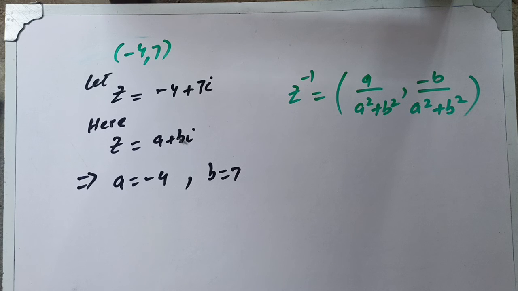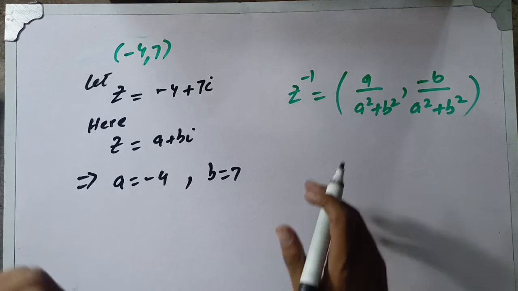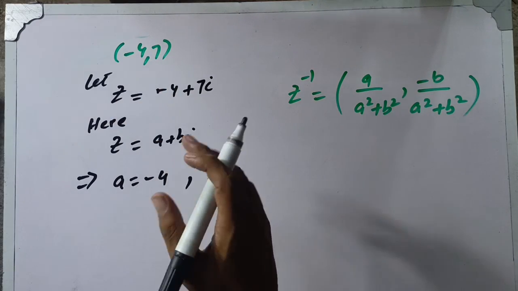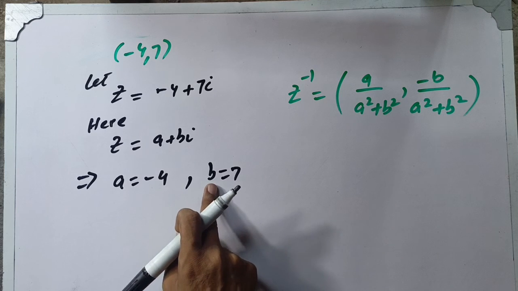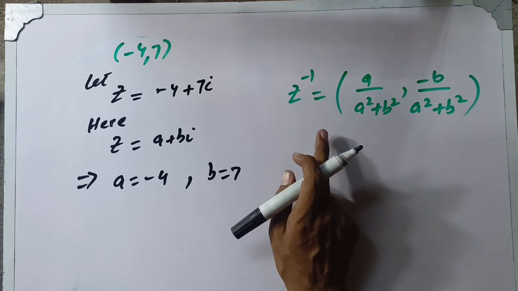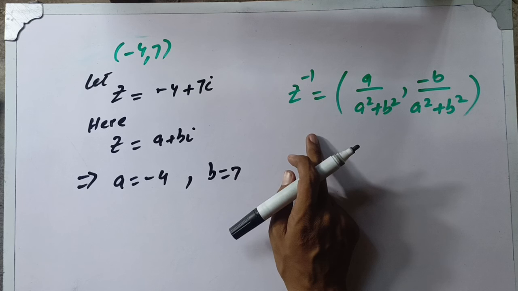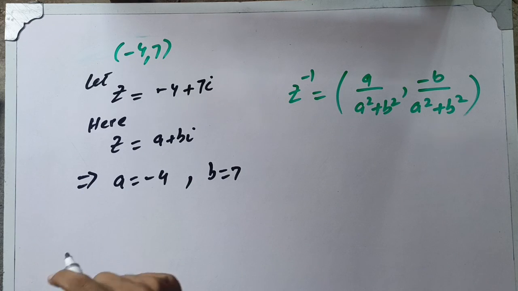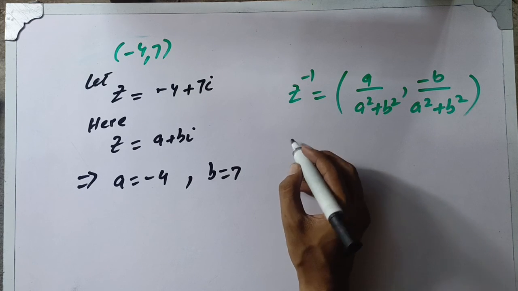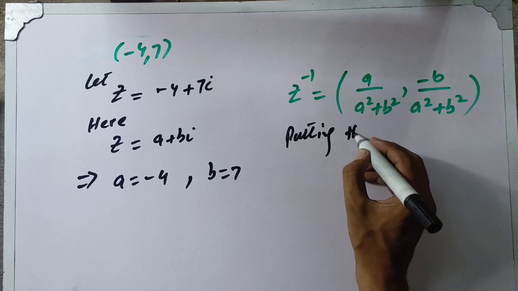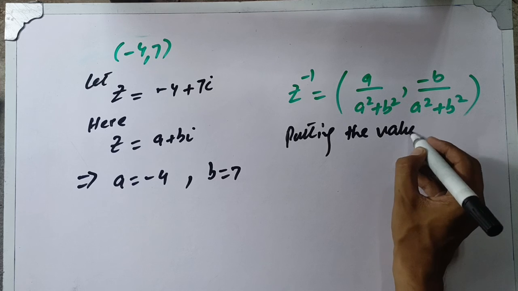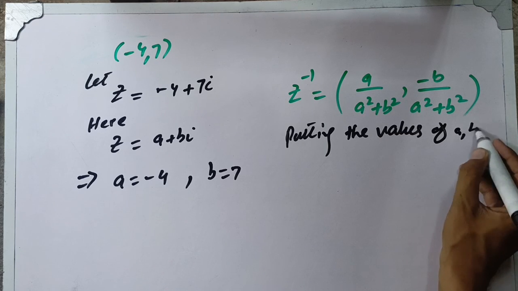To find the inverse of this complex number, we have to use these values of a and b in this formula. Then we will get the inverse of this complex number.